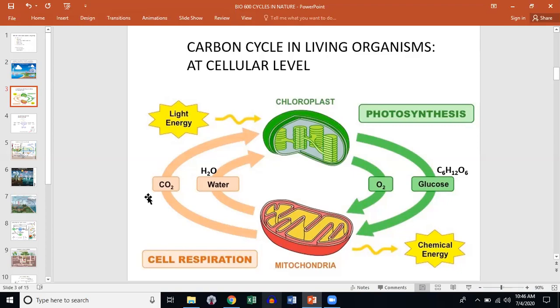Then we get into trace elements, which was about 1%, and most of those trace elements is CO2. About 90-something percent of that 1% is CO2. That's the CO2 that plants use.